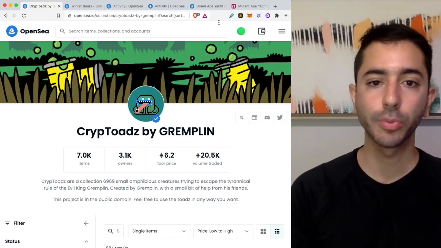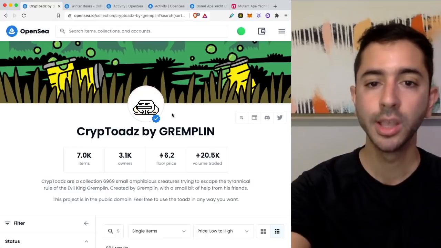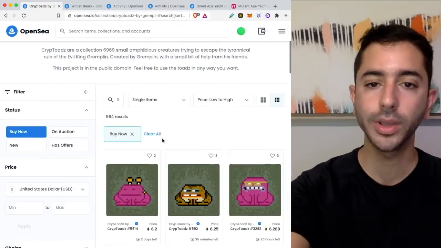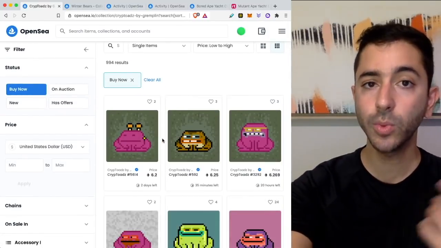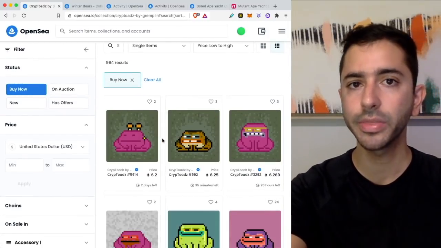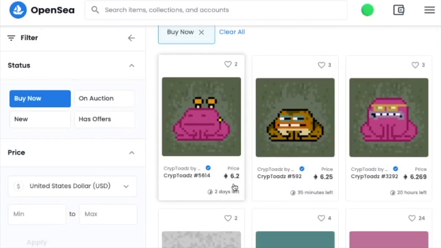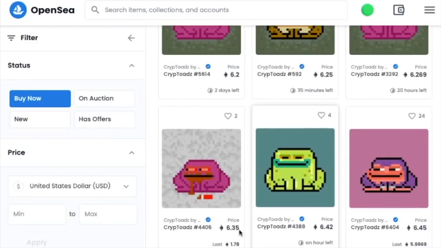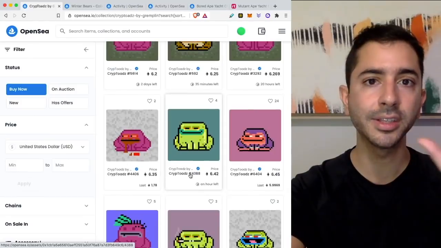If we see the floor price, for example, this project CryptoTrader, when you go to OpenSea and click on floor price, it will order them from lowest to highest. And the first thing we want to do is check to see, is everything within the same range? If we look at these CryptoTraders, 6.2, 6.25, 6.26, 6.35, so they're all within the same range.